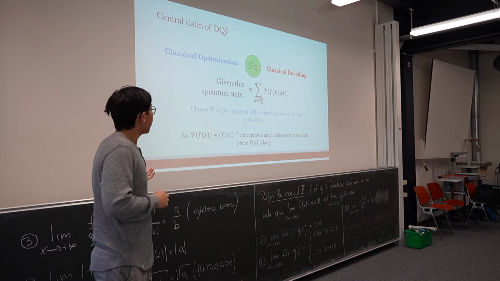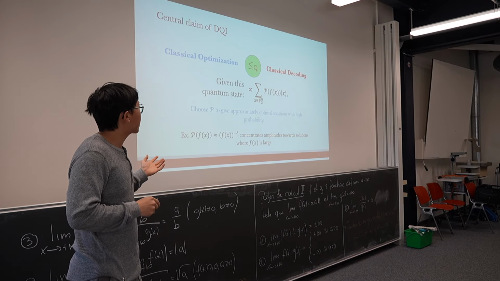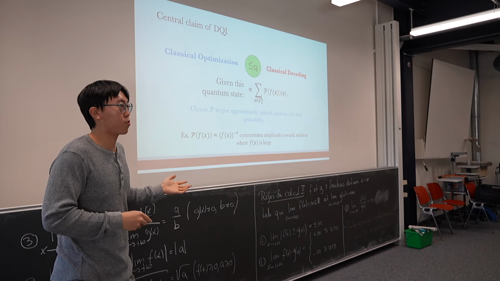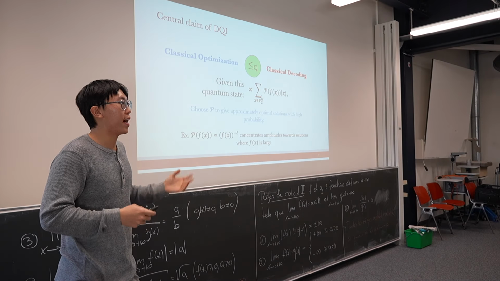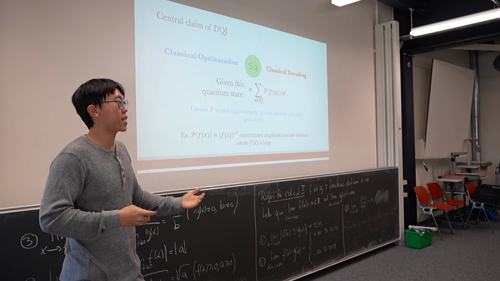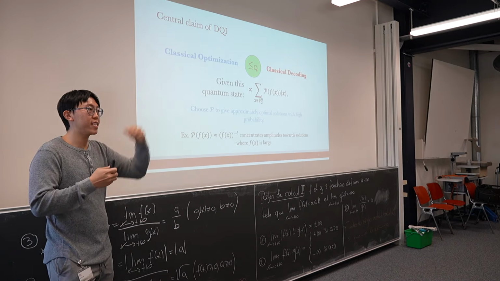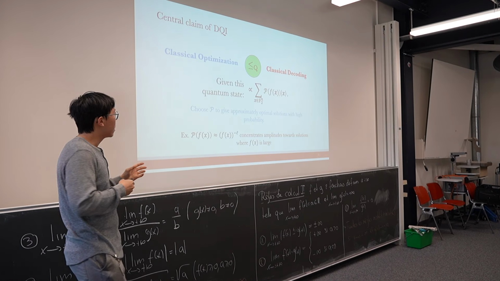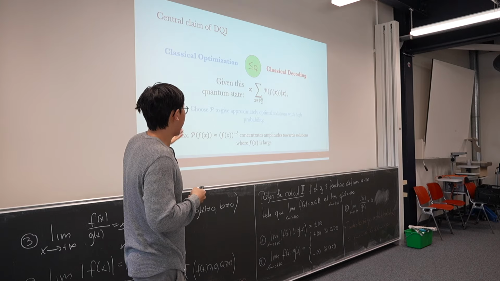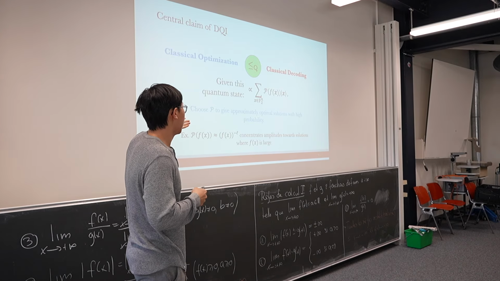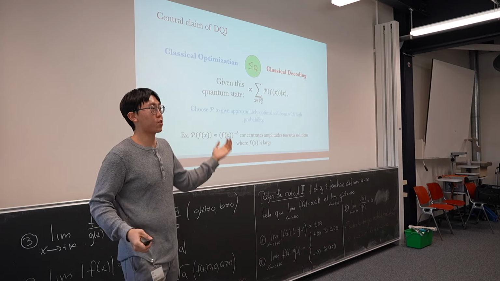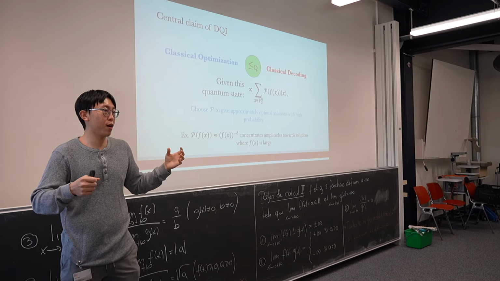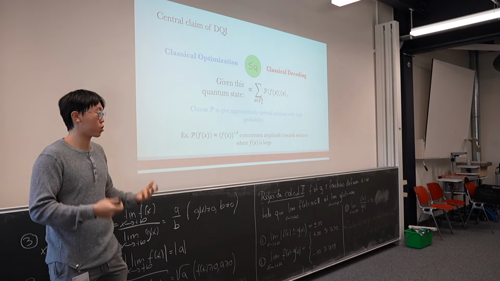Now, here I want to mention that you can't just do any P. It has a certain degree to it. And the degree of the polynomial is controlled by how well you can decode. In particular, if you can decode errors up to weight L, so L errors happened overall, then you can prepare this state for any degree L polynomial. This is important because the higher the degree, the better your ability to weight the amplitude such that you have higher weight on the good solutions.